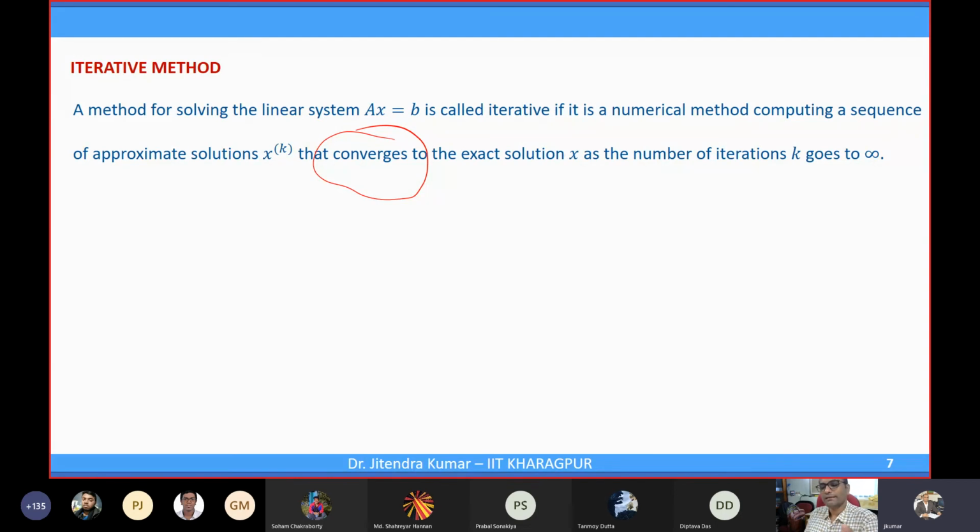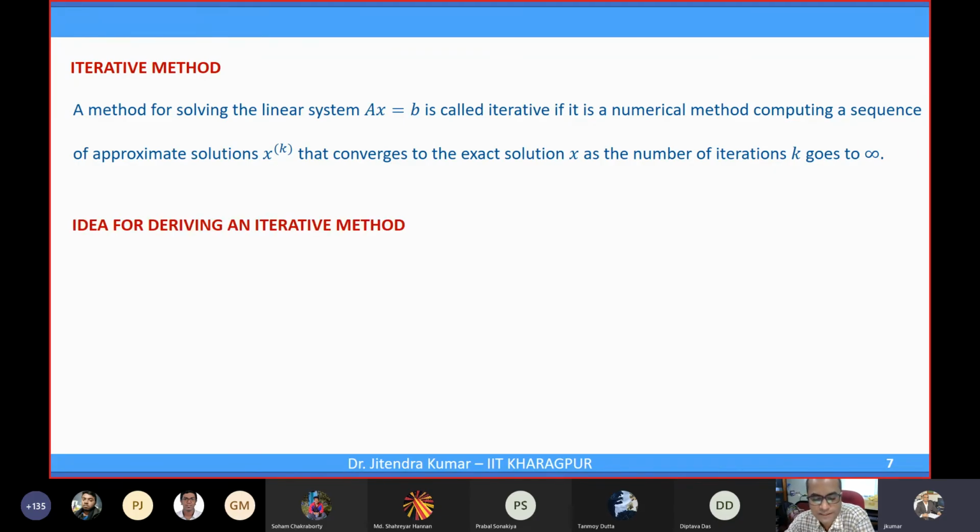You will have 1,000 iterations or 2,000 iterations or whatever, and then you will stop. But the characteristic of the method should be that it converges theoretically when k goes to infinity. Is that fine? We move with that.